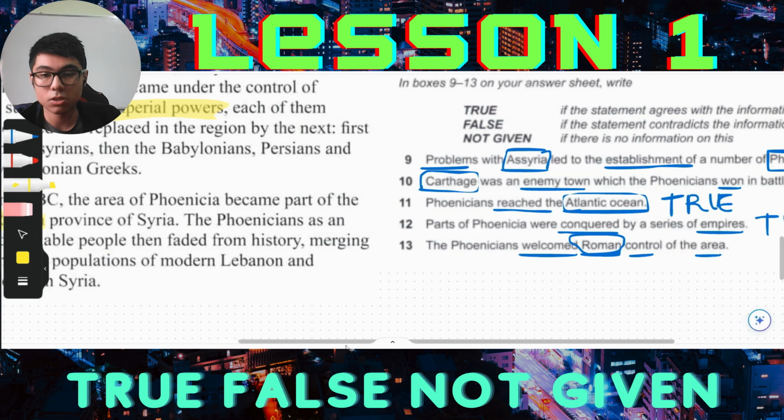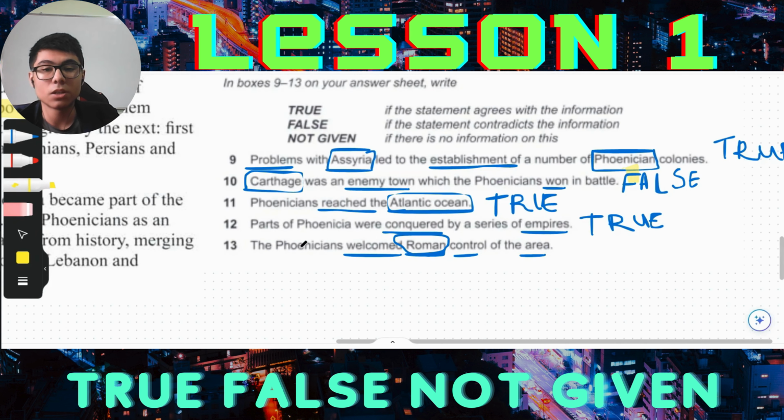Let's turn this into a question. Did Phoenicians welcome Roman control of the area? We don't really know, right? It could also be true, it could also be false. There is not enough information to say that. So the answer for question number 13 is not given.